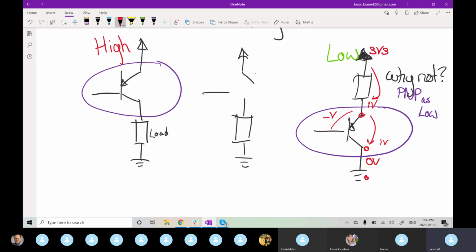Now, if our threshold is, if we were to call it -1 volt, applying 0 volts hardly makes the cut here.